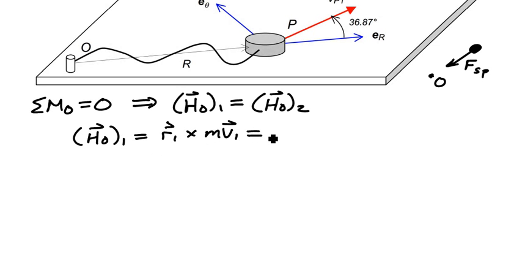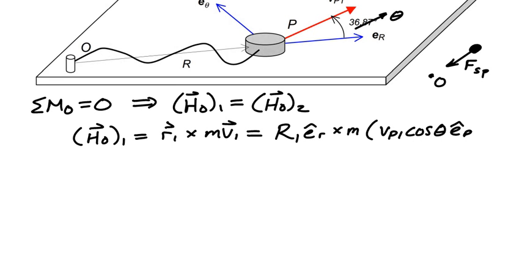Using the unit vectors given in the problem, this gives r1 in the e_r cross the mass of the puck times the initial velocity, which is Vp1 times, calling this angle theta, cosine theta in the e_r, plus Vp1 times sine theta in the e_theta. Working out that cross product, e_r cross e_r is 0, e_r cross e_theta is k, so I'll have m times r1 times Vp1 times sine theta in the k.